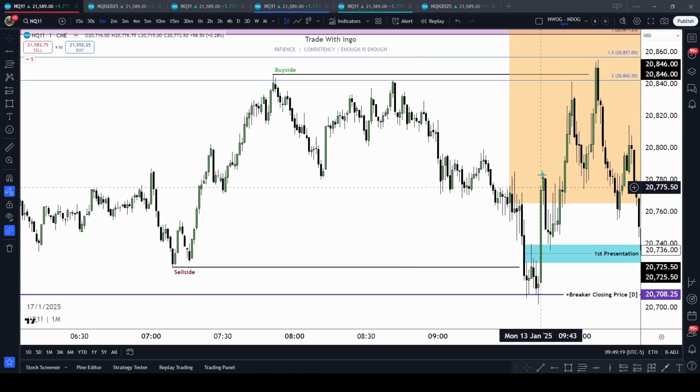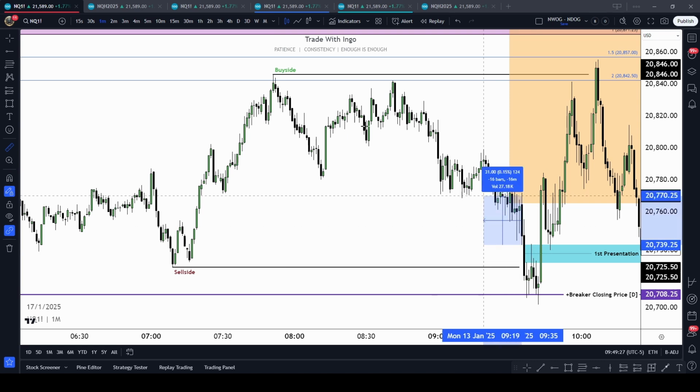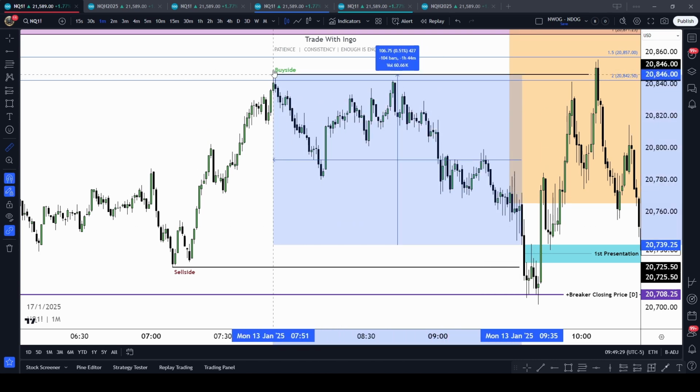We displaced up, returned back to the first presentation, and if we measure this, it's more than 100 handles within. Okay, this candle would be the fill.